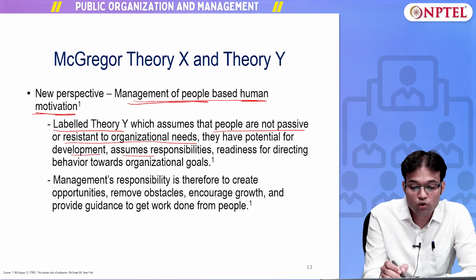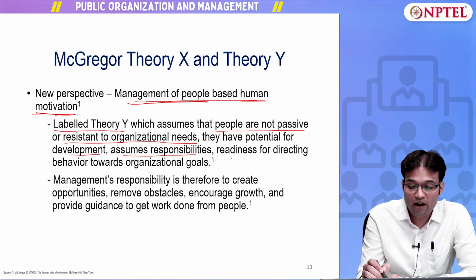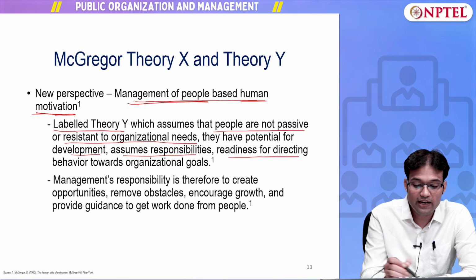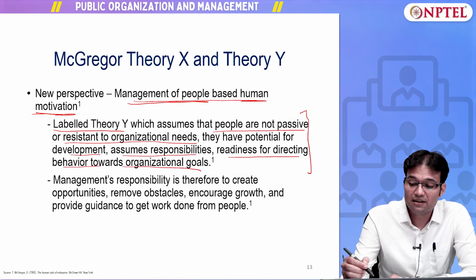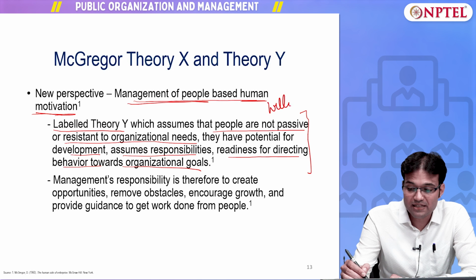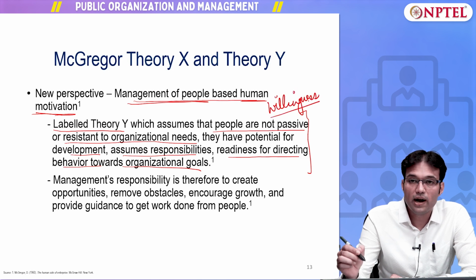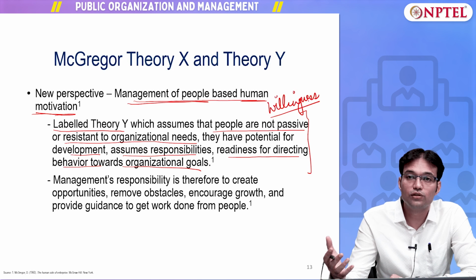They want to assume responsibilities. They have readiness for directing behavior towards organizational goals. Now you see that in this case, the classic case of willingness. So these people might not require any kind of external force or stimulus to motivate them to direct their behaviors towards the attainment of goals, right?